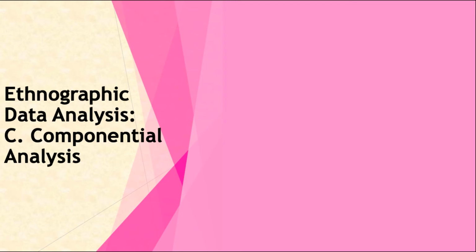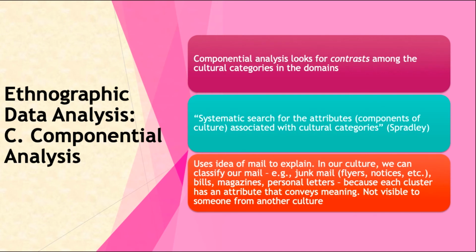Then we go to the third, componential analysis, where you look for contrast among the cultural categories in the domain. So it is a systematic search for attribute components of the culture associated with cultural categories, as described by Spradley. Here we use, for example, the idea of mail to explain.